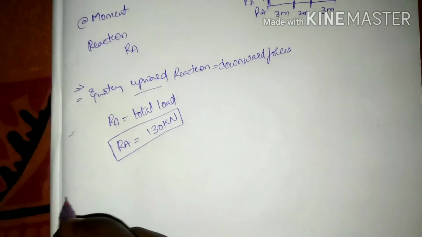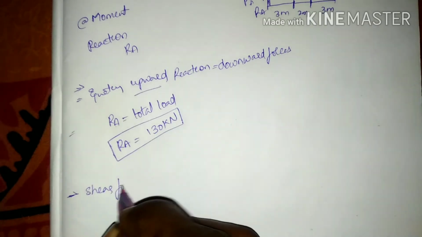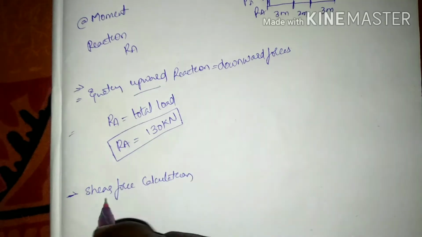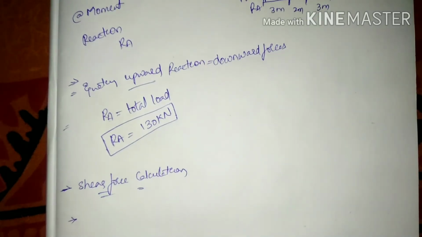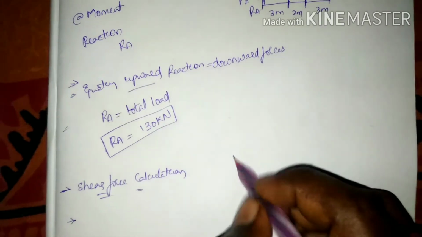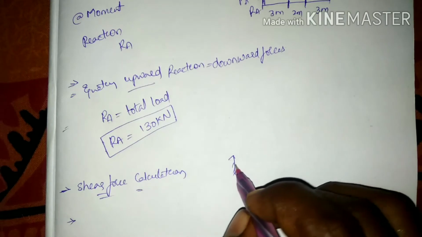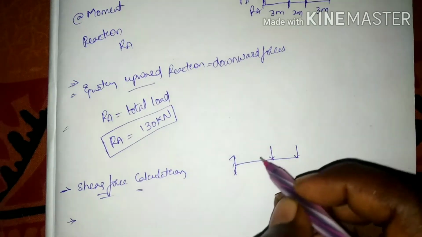Next, shear force calculations. This is our fourth step. When we are going to find the shear force calculation, for the UDL, you should not take the left and the right. You have to take just left and just right only for the point loads.